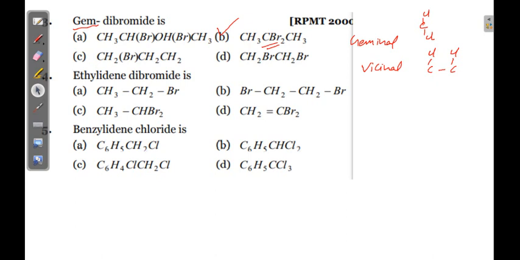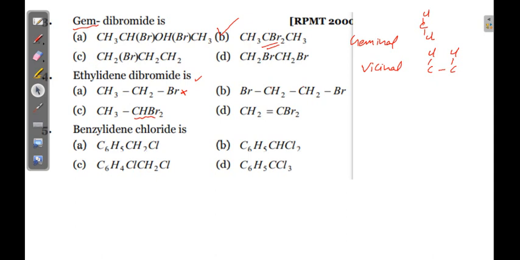Then question number 3, ethylidene. Of course, 3 over. Ethylidene dibromide is, question number 4, ethylidene. See, this one is ethyl chloride. Then this one is 1,2 dibromoethane. This one, the geminal one only, is known as ethylidene.